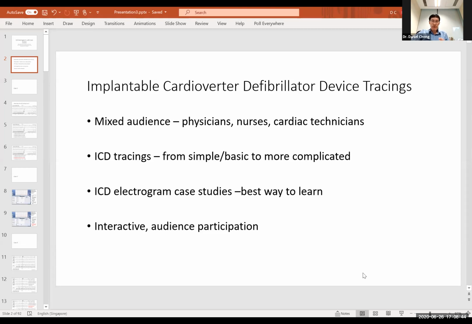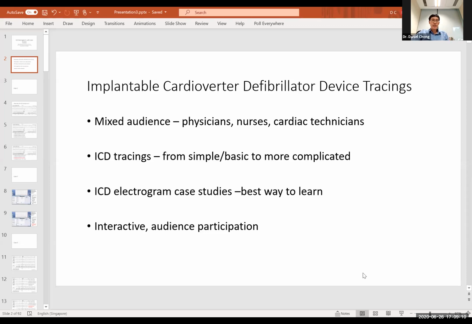Some are very basic and simple, and some will be a bit more complicated. But I hope that through all these case studies we will all learn together and get better, so that our patients get better care. I think that ICD case studies are really the best way to learn. There will be some opportunity for audience participation.